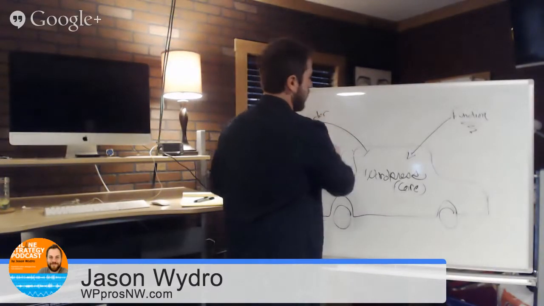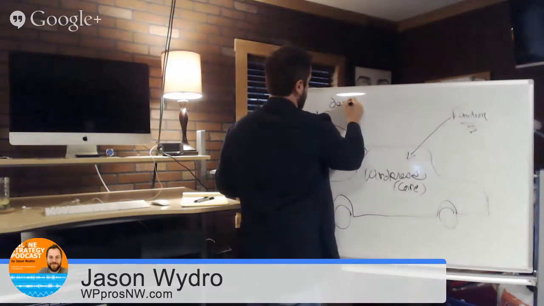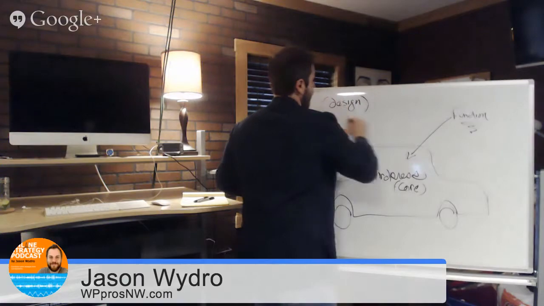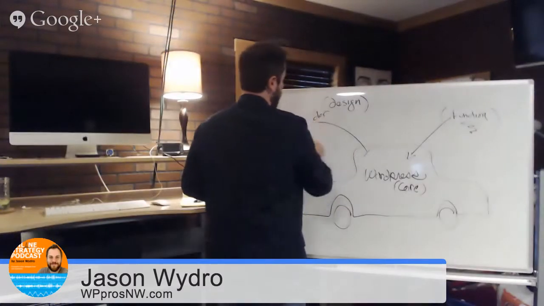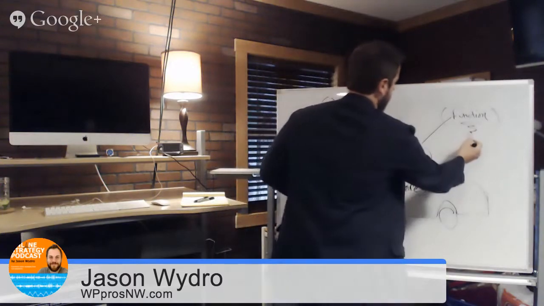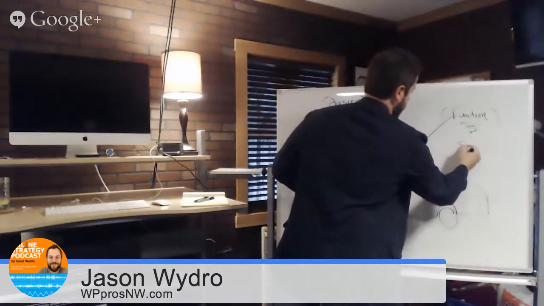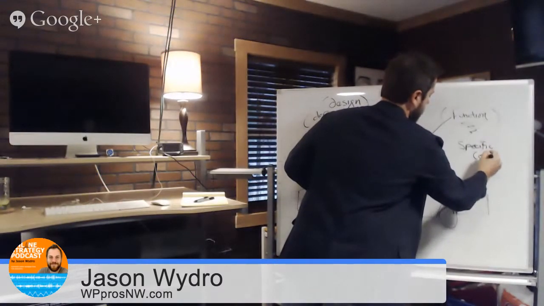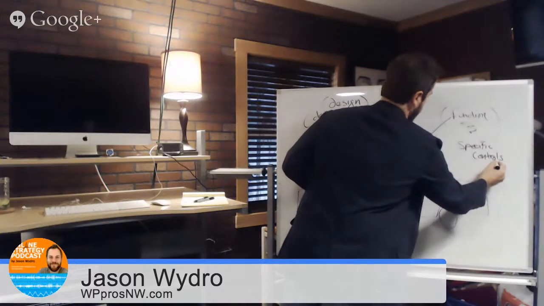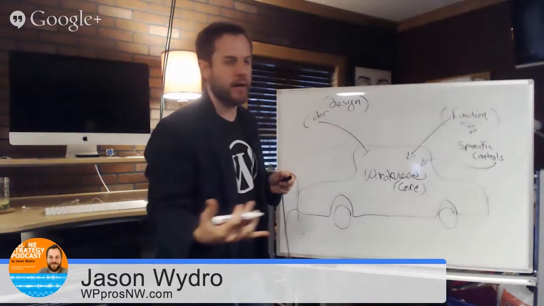Okay, so we've got color, which I'm going to put under design, and then we've got function. Okay, we've got design and function. Now, the function could be again what I described, specific types of controls for your end user, your website visitor, or you as a site administrator.